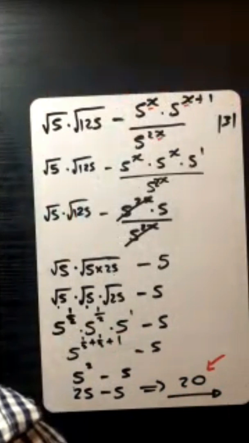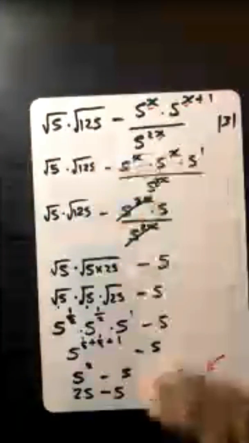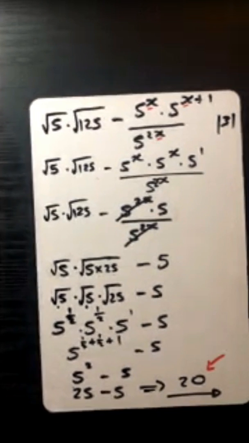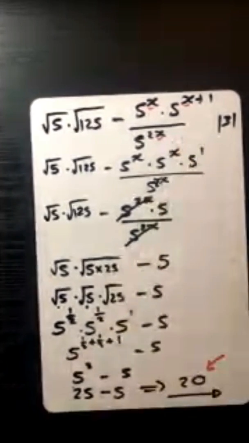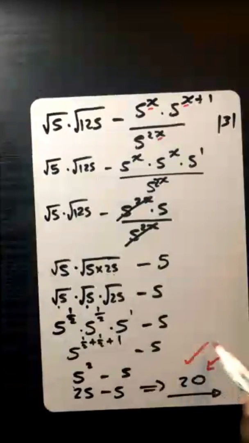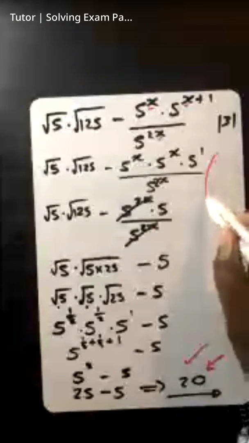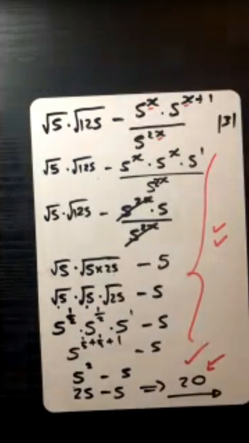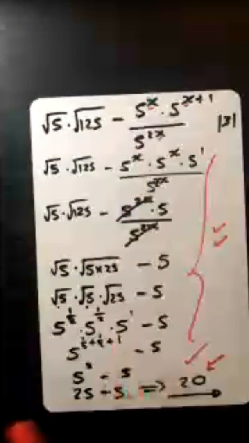If you don't get 20, either you made a mistake when you were doing your calculation, or you made a mistake when you were substituting into that original equation. Ladies and gentlemen, you are most likely to score your marks for your final answer, and maybe somewhere over there they are able to allocate you 2 marks. So it's very much important that you show all the steps.